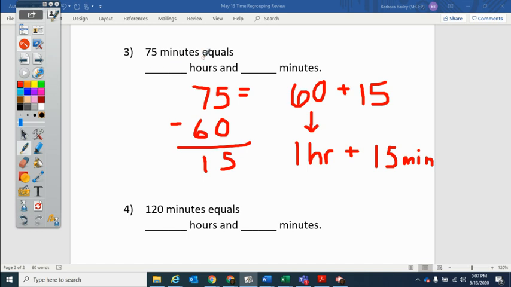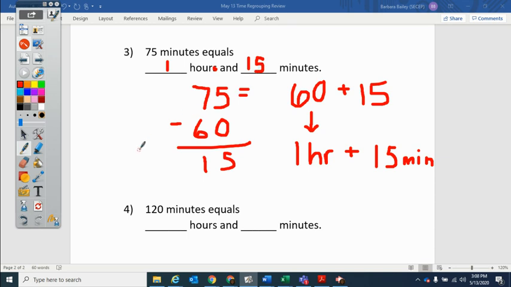Okay, so 75 minutes equals 1 hour, we don't need the S, and 15 minutes. Okay.